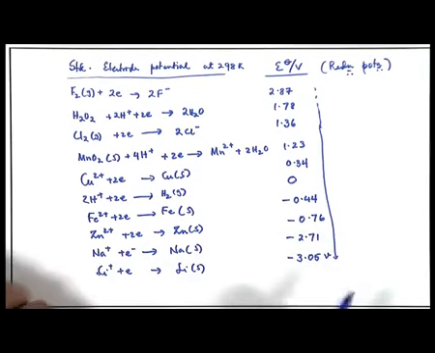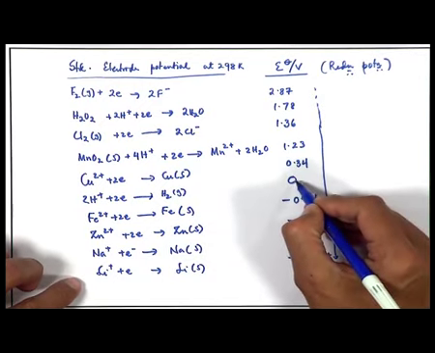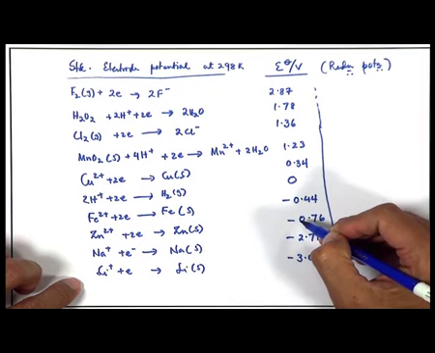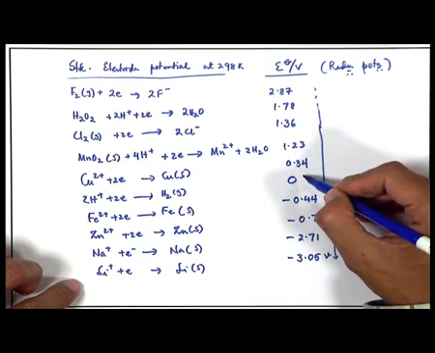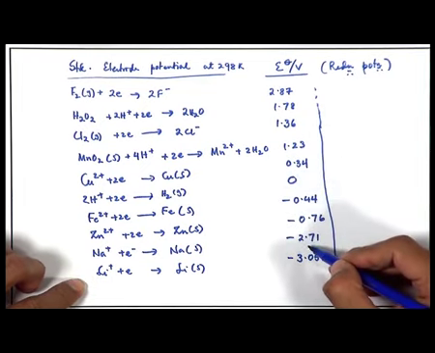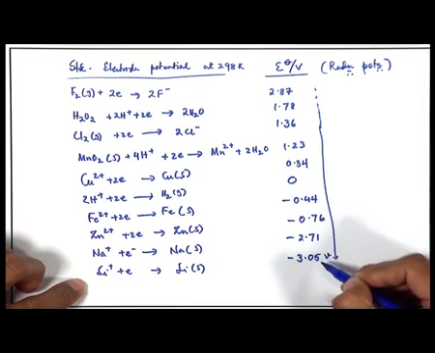Positive means positive with respect to 0, negative means negative with respect to 0. So, positive means it is a weaker reducing agent compared to hydrogen. Negative means it is a stronger reducing agent than hydrogen.